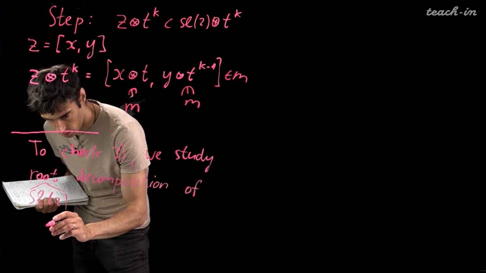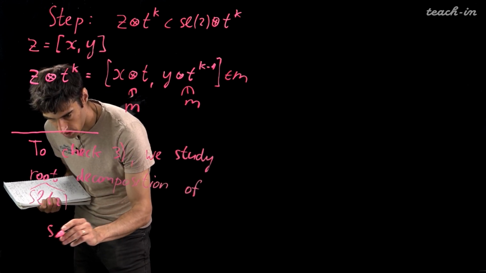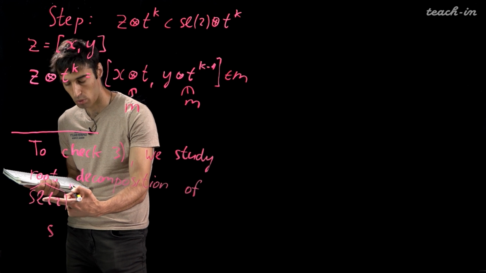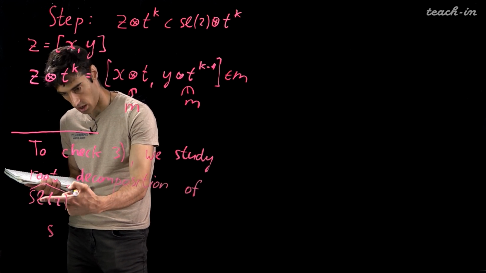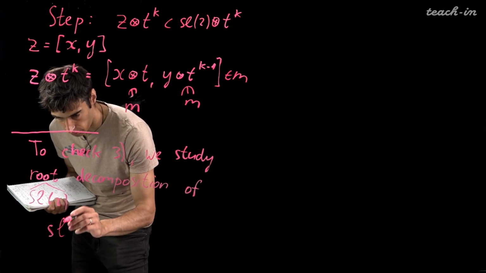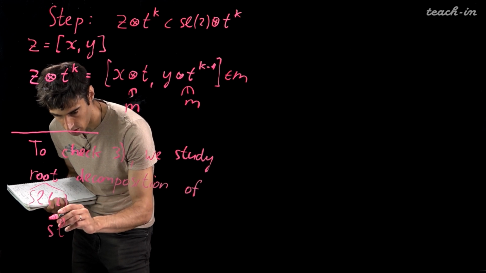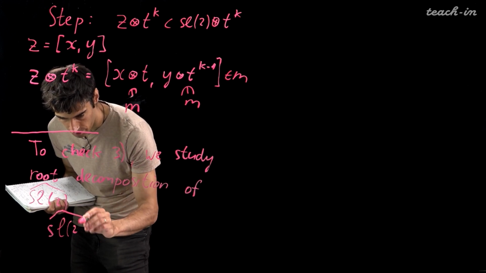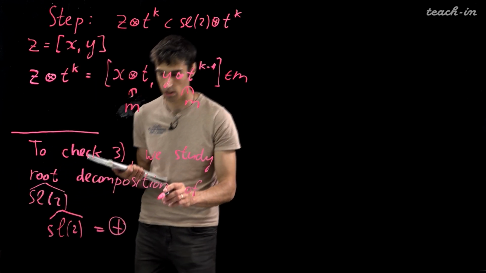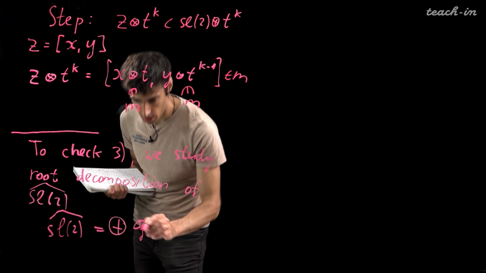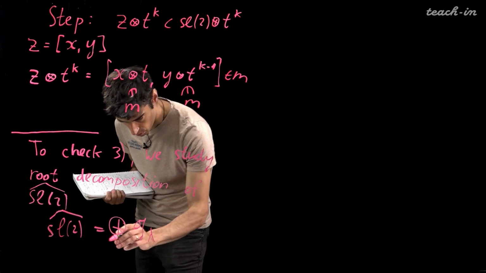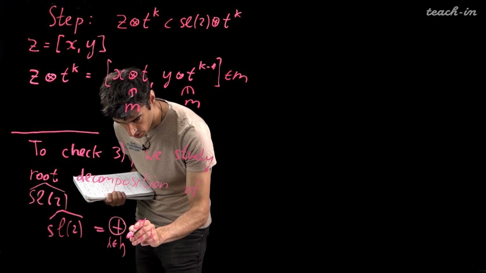We just know that SL2 hat has a subalgebra H, a commutative, finite dimensional subalgebra inside, and therefore SL2 hat, as a representation of this subalgebra, decomposes into a direct sum of corresponding weight subspaces that we denote as G lambda, where lambda runs over H star.